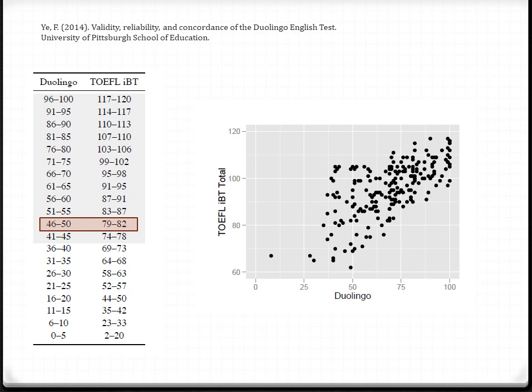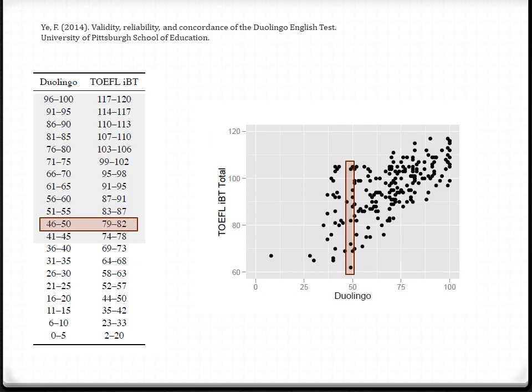Now if we take this 46 to 50 and highlight that area and look at the TOEFL scores, it looks like people who scored between 46 and 50 on Duolingo scored between 60 and 110. So what are the consequences of setting our cutoff score here?